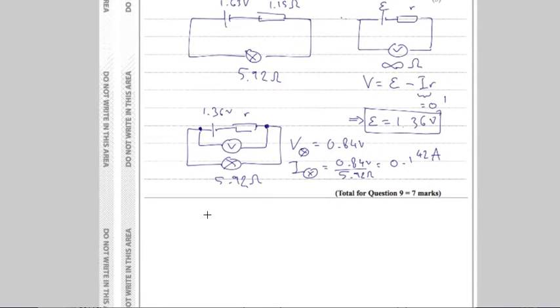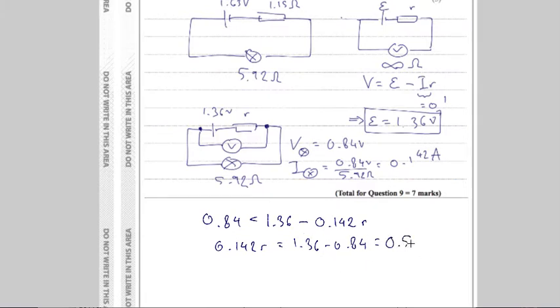So we know that 0.84 volts, the total voltage across the cell, is equal to the EMF, which is 1.36, minus current times internal resistance. And if we rearrange that, we're going to get that 0.142 times internal resistance is 1.36 minus 0.84, which is 0.52 volts.